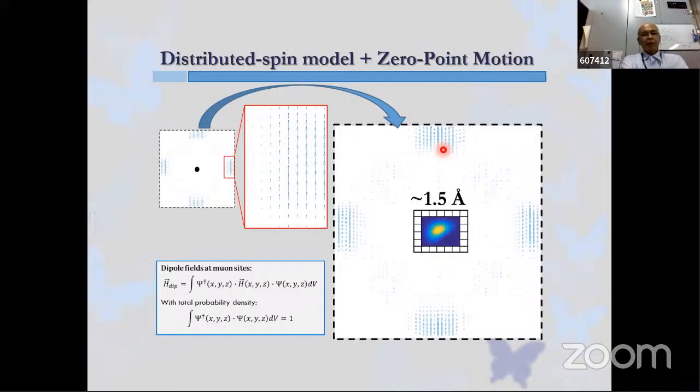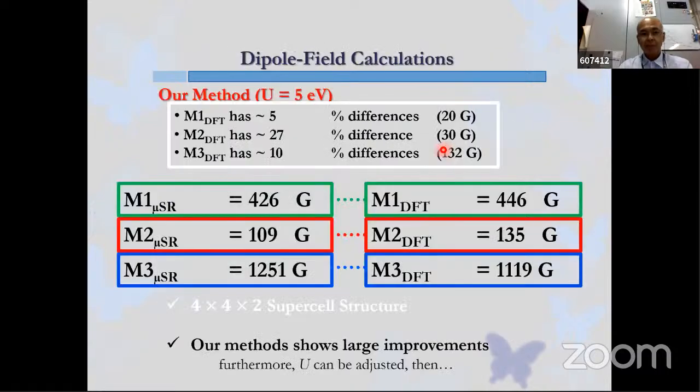This is the first trial of this kind in the real world in the past. We tried to discuss it carefully, but it was not easy to publish because there are many steps to get the final result. But if we include the zero-point vibration motion and spin distributions, we succeeded in reproducing the experimental result from the DFT calculations.